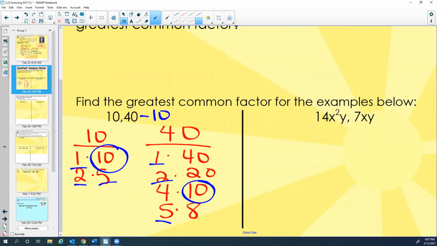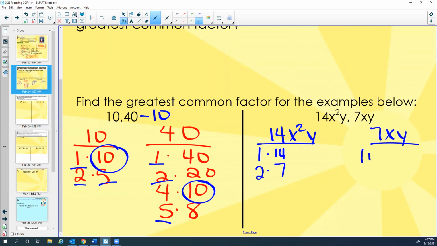On this other side, I have 14x squared y, and I have 7xy. Well, for 14, I have 1 times 14, I have 2 times 7. For 7, I only have 1 times 7. Well, 7 is the biggest number for both. However, I notice both of these have letters.